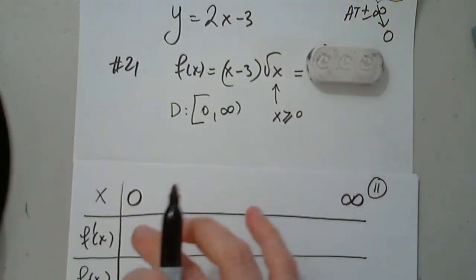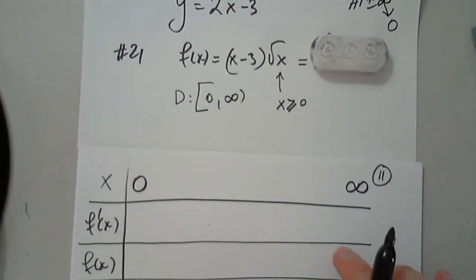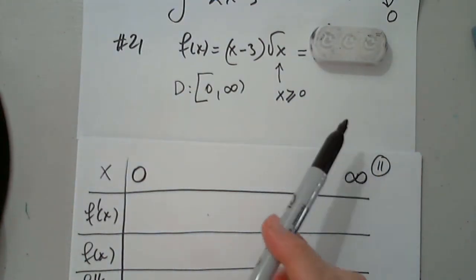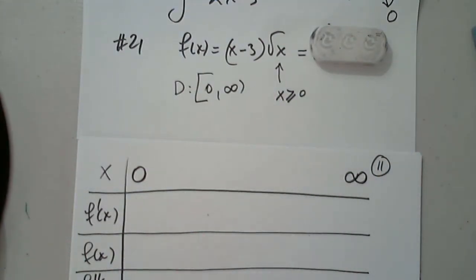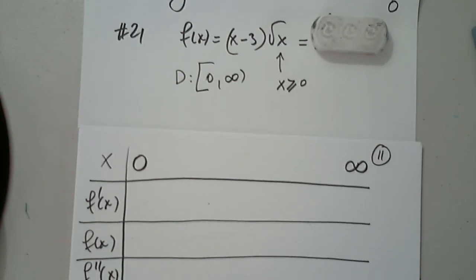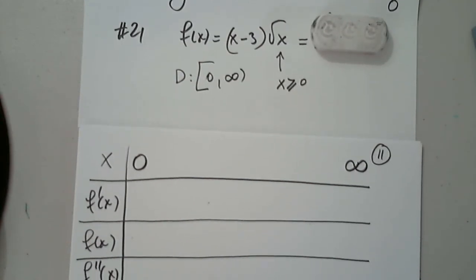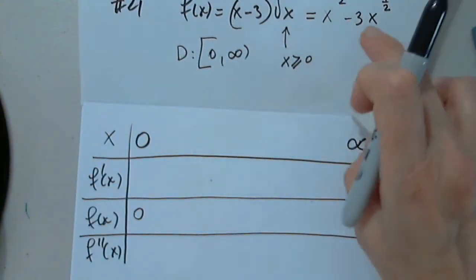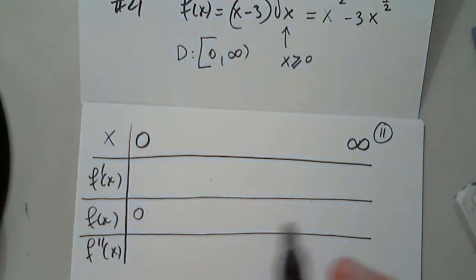What do I get? So remember, I start with the function. I exhaust the function, x and y intercepts and limits. Okay, so when I plug in 0, what do I get? Zero. Very good. When I find the limit at infinity, so now I need this. So let's find the limit as x approaches infinity of x to the 3/2 minus 3x to the 1/2.